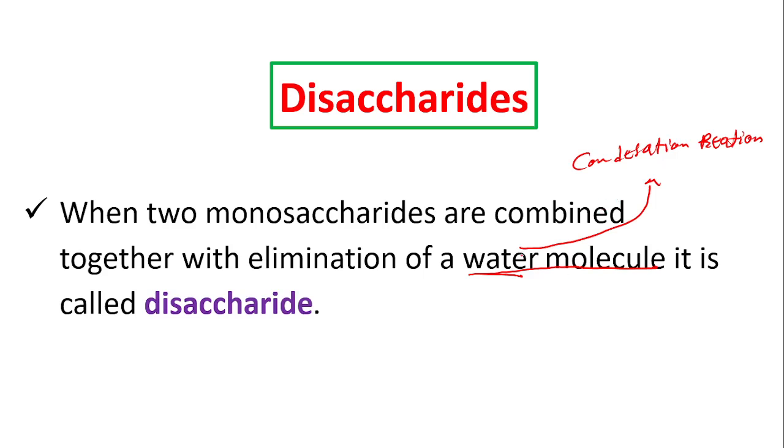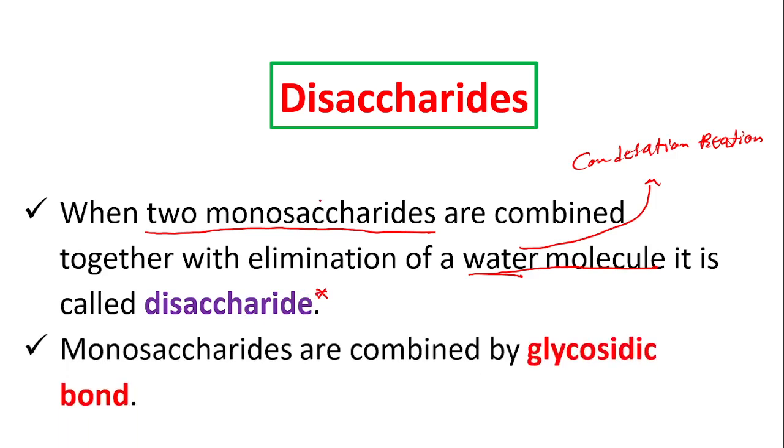Then when two monosaccharides react together, they form what we are calling a disaccharide. Now, this bond which exists between monosaccharides is known as a glycosidic bond.